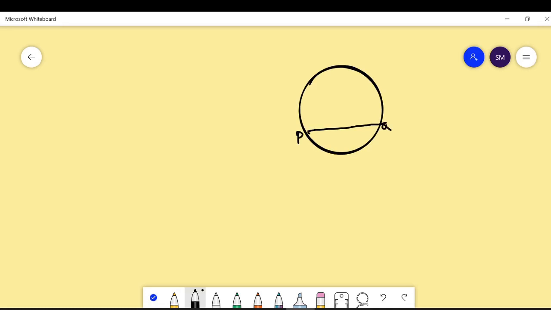Then this portion PQ is called the minor arc, while this portion is called the major arc. The chord divides the circumference into 2 parts, major arc and minor arc. This small part is called the minor arc, while the large part is called the major arc.